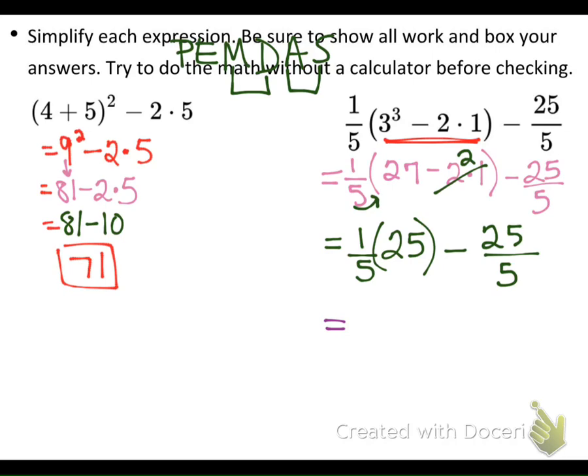So 1/5 times 25. When you do that, you end up with 5. And then I'm going to put my subtraction sign, and then I'm going to do my division problem. What's 25 divided by 5? 5. And then your last step is to solve. 0. Good.